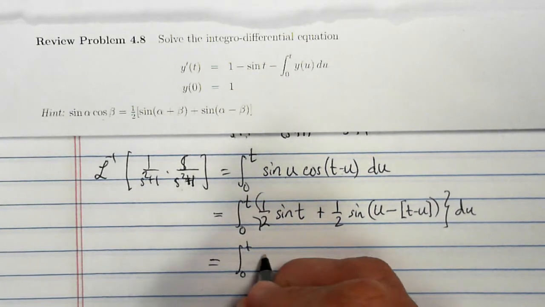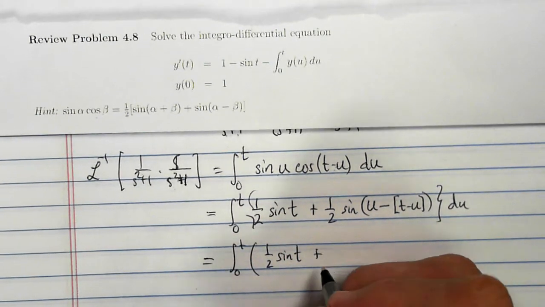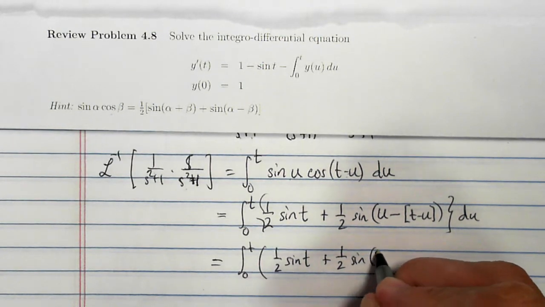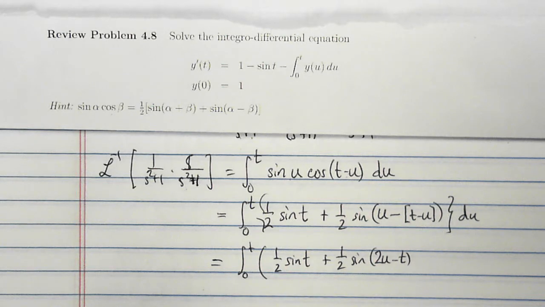So the integral from 0 to t of 1/2 sine t plus 1/2 sine of 2u minus t, du.